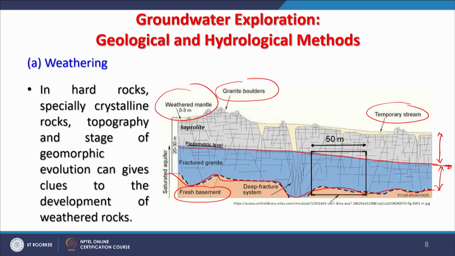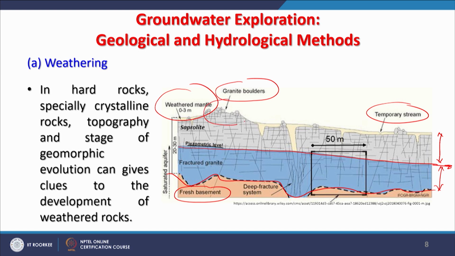Now, further in hard rock, especially crystalline rocks, topography and stage of geomorphic evolution matter. Topography, undulations, and how the arrangements at the top, meaning the geomorphology of the area, have evolved can give a lot of information about the development of weathered rocks, how weathering has taken place.